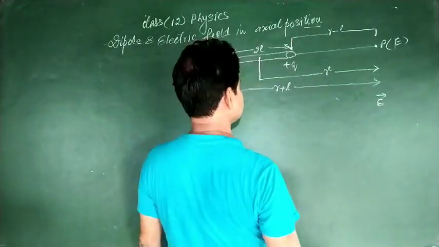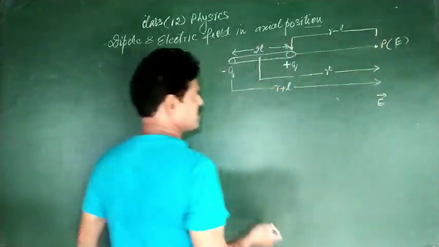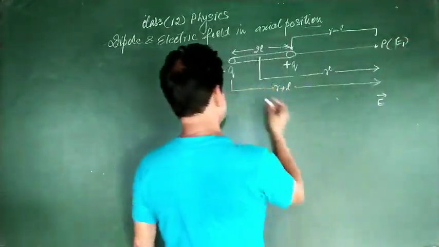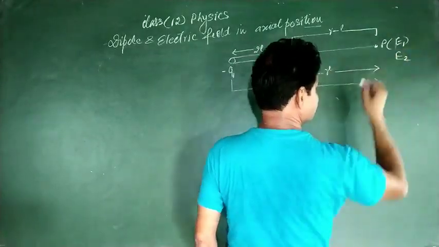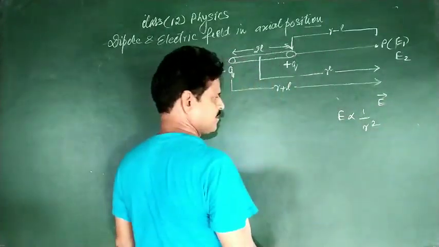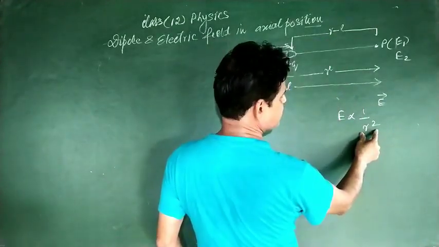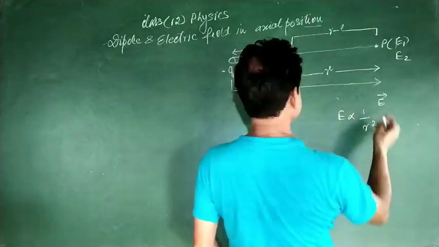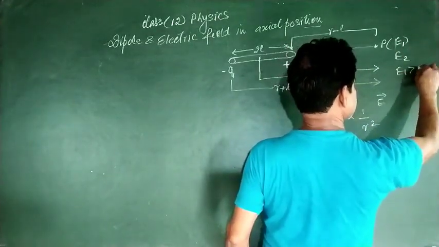If we assume the positive charge Q creates at the point P electric field E1, and the minus Q charge creates electric field E2, then E is proportional to 1 by R square, which means this charge has less displacement, so higher electric field intensity. Then E1 will be greater than E2.